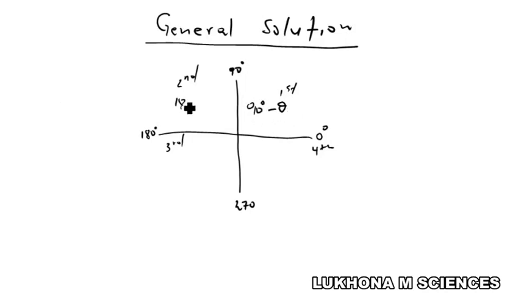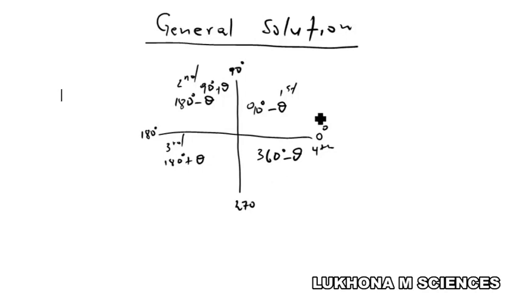Then here we have 180 degrees minus theta. Then we also have 90 degrees plus theta. Then here we have 180 degrees plus theta. Then here we have 360 degrees minus theta.